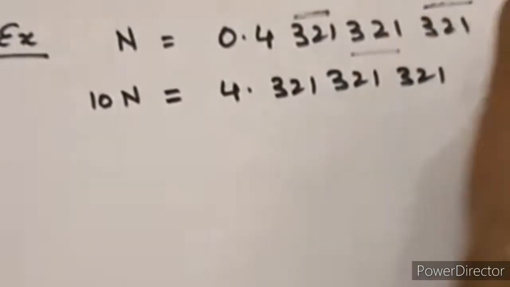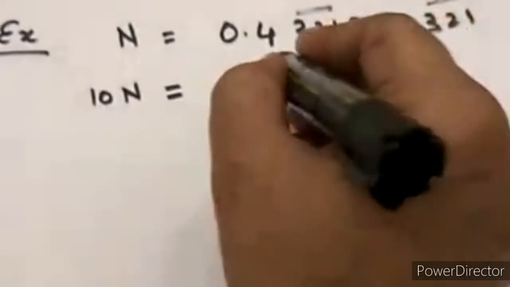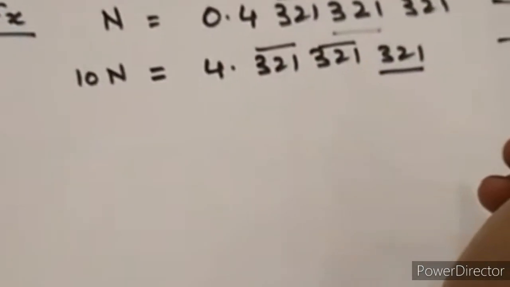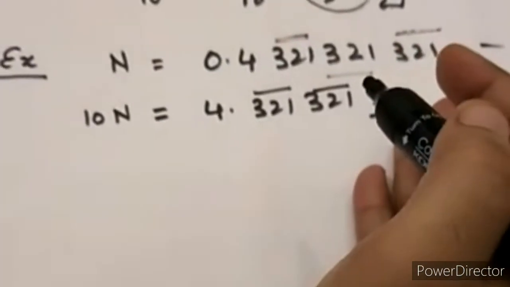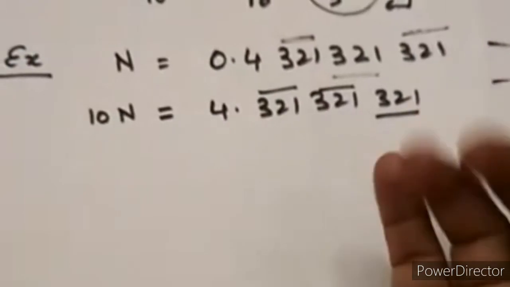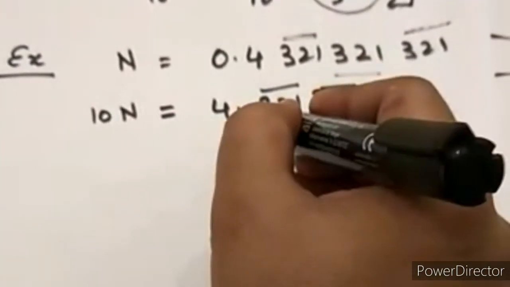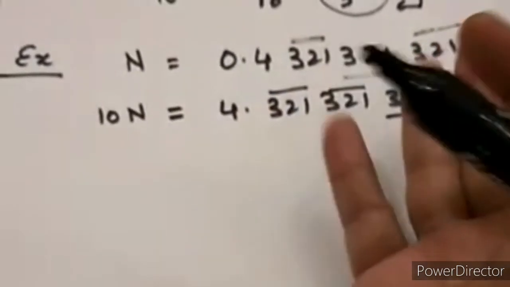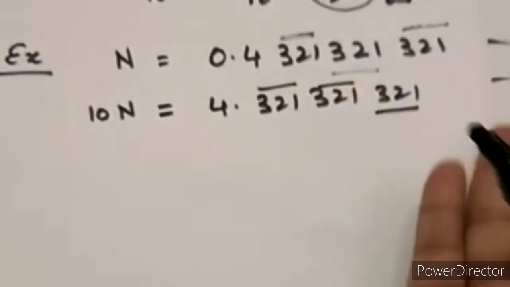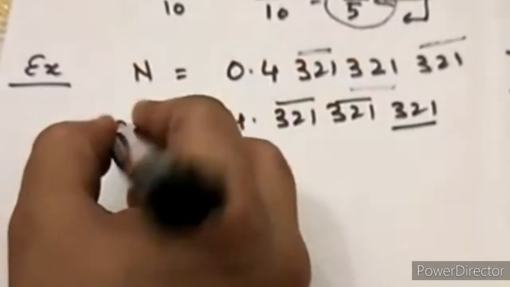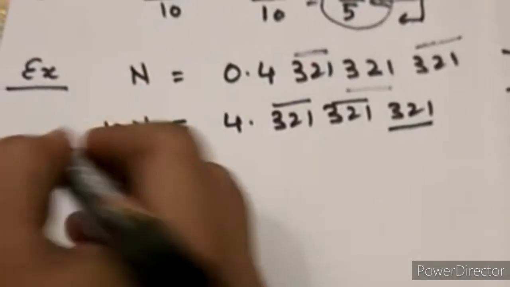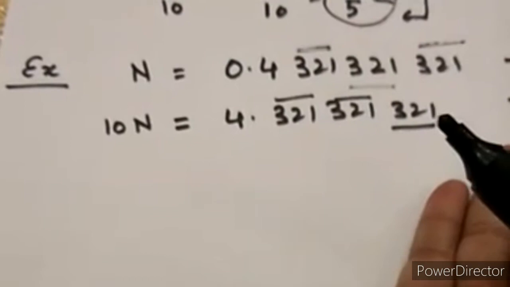4.321 and so on to infinity. Now we need to cancel out this right hand side of the decimal. What will we do? Again, how many numbers are recurring? There are 3 recurring in a group, so again we will multiply by the times of recurring.